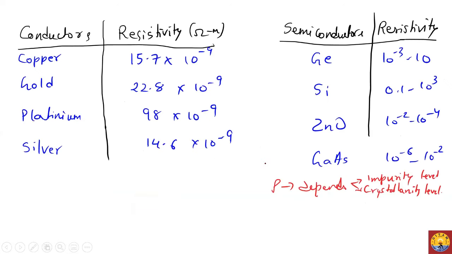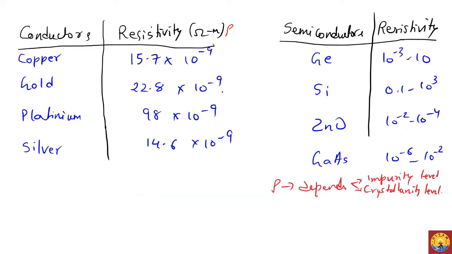Okay. So for conductors, here we have some values for different metals like copper, gold, platinum, and silver. These are the resistivity values, rho. Here we can see that copper has 15.7 into 10 to the power minus 9 resistivity. Minus 9 means a very low value of resistivity.